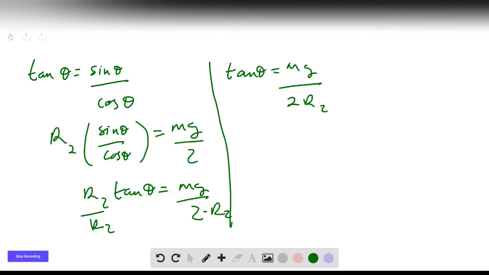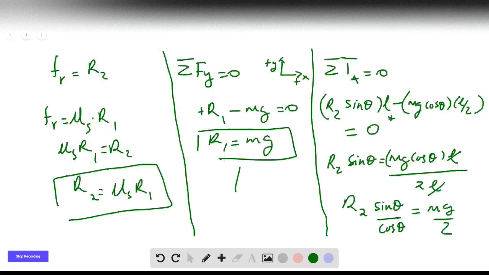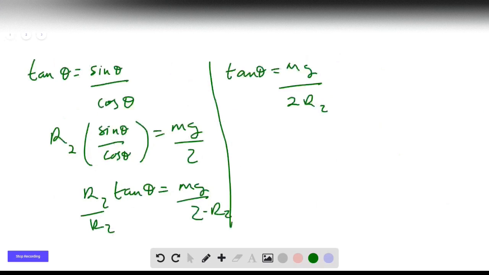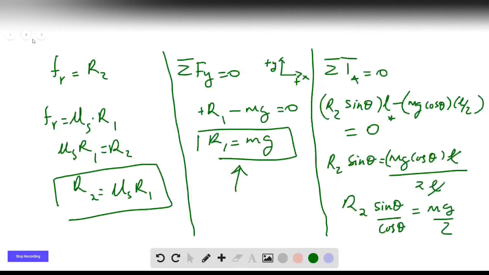But if you go back to the second page, you see the relationship between R1 and mg. And so R1 is equivalent to mg. So tan theta becomes R1 over 2 R2. Okay, but then again, going back to the second page, you see R2 is equivalent to mu s R1.